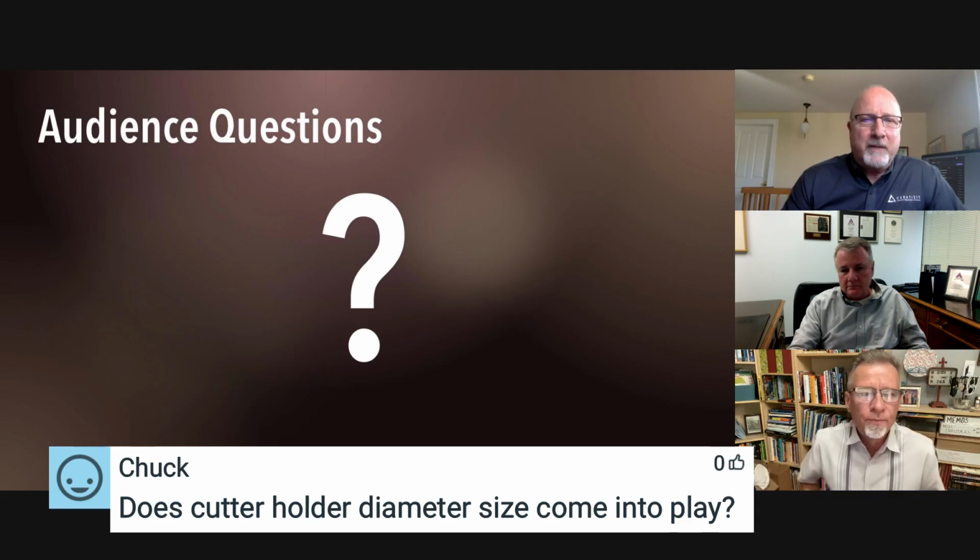Obviously, because these systems, the high feed systems, require more horsepower, you're going to want to use the largest sized adapter you can to build the most robust connection to your machine. But typically the machine is going to predict what holder type you're going to choose.